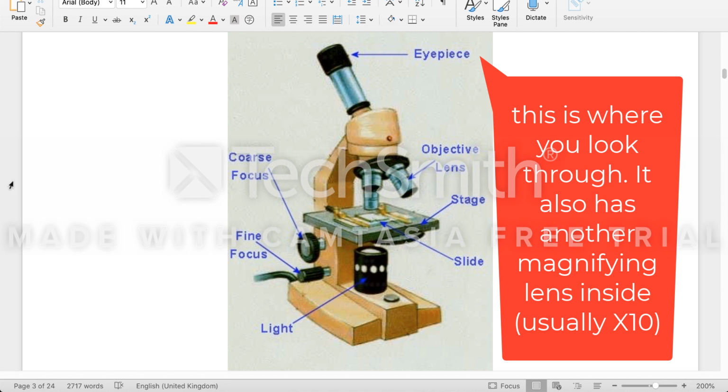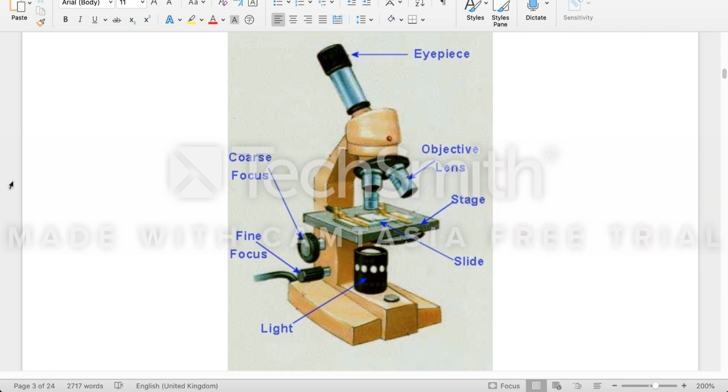They only think about the objective lens, and it's dangerous to think that, because sometimes you might look at a picture and you don't take into account that the eyepiece actually has a magnifying lens in there. And sorry, I should explain that magnifying lenses are kind of like glasses or a magnifying glass. They're a piece of glass that will enlarge an image so that you can actually see smaller parts of it. So that's your eyepiece.